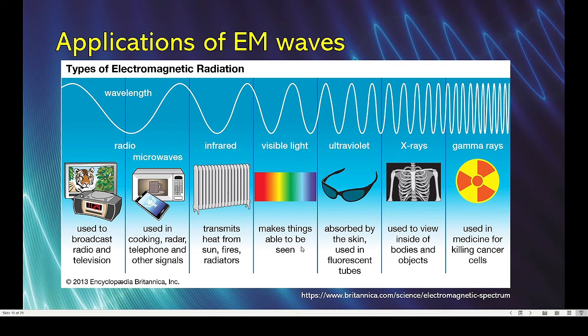Also, here in this diagram, the major applications of the electromagnetic waves are shown. Usually, the electromagnetic waves on the right side, which are of higher frequency but of shorter wavelength, are used in the medical industry.